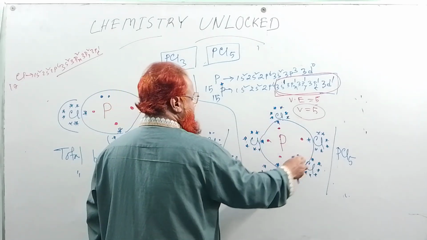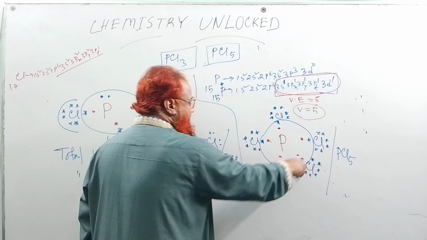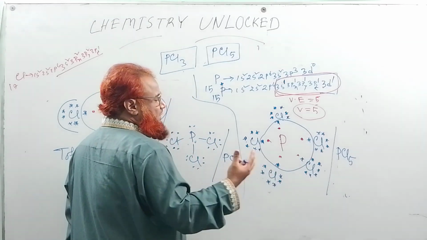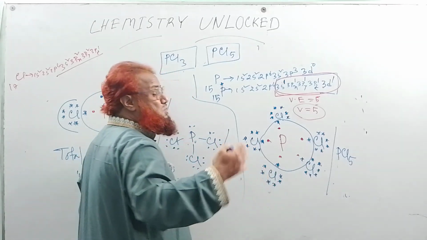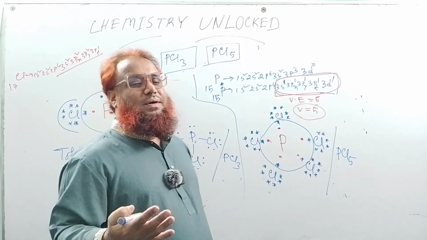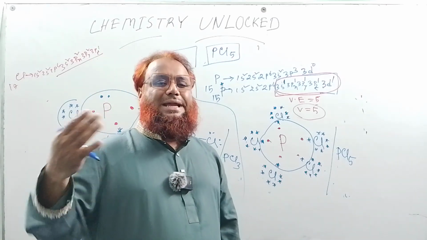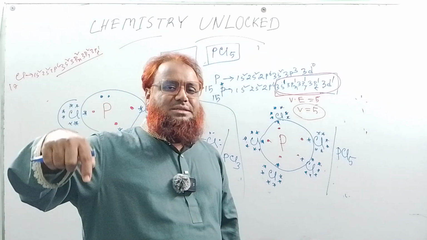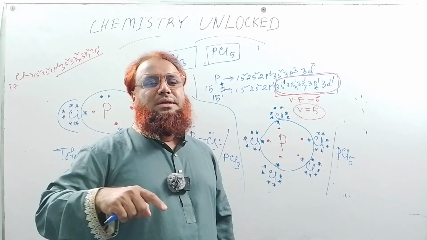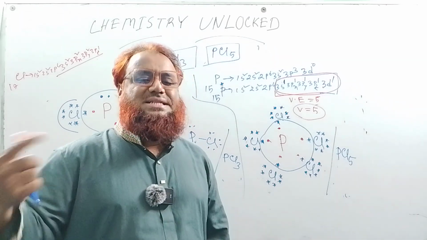Okay. Now we have to evaluate whether it follows the octet rule or not. 1, 2, 3, 4 and 5. Total 5 pairs, that is bond pairs. Total 5 pairs means 10 electrons, so it is more than 8. If there are more than 8 electrons surrounding the central atom in a molecule, that is octet expansion.